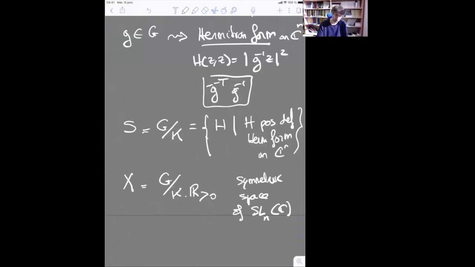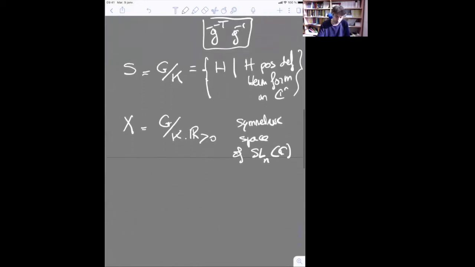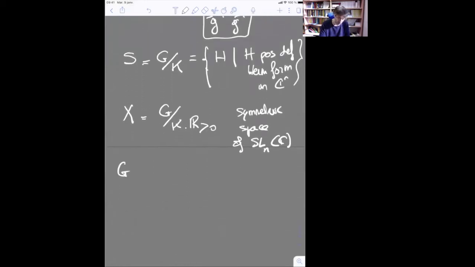So let me say what is the goal of the lecture. Now, the goal is to construct two differential forms.